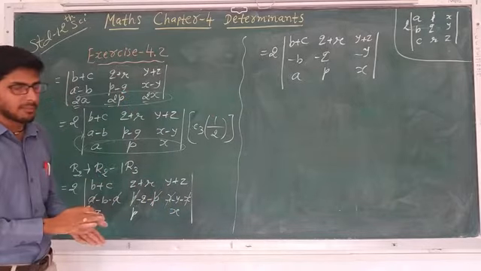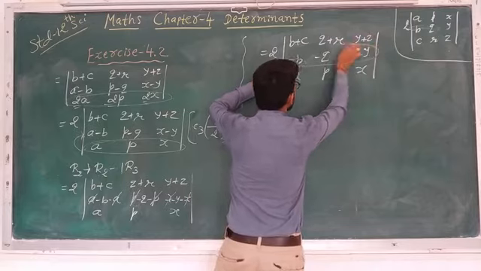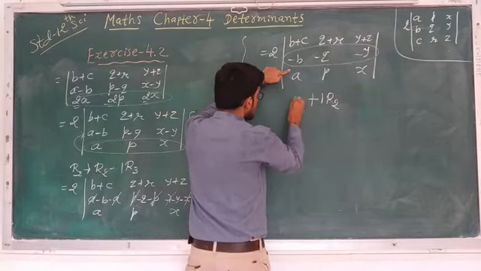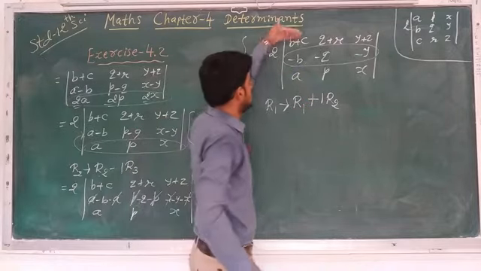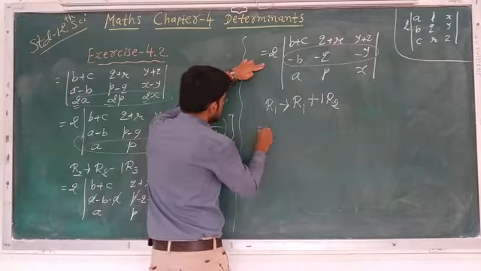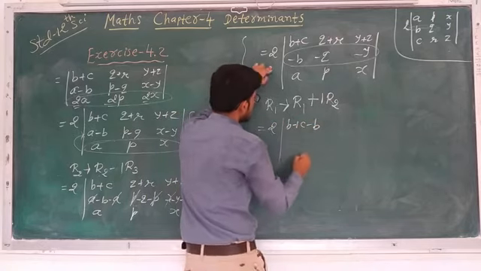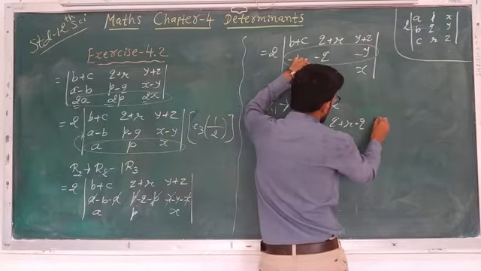We apply the same operation to the first row. We multiply R2 by 1 and add it to the first row. So what about the first row? It is 2 times b plus c minus b, q plus r minus q, z plus y minus y.